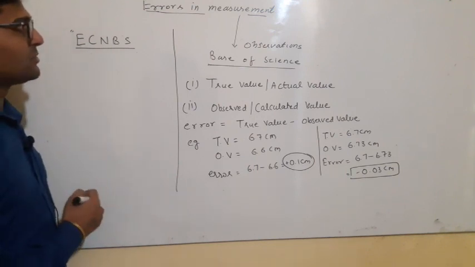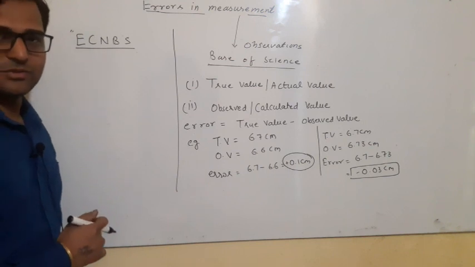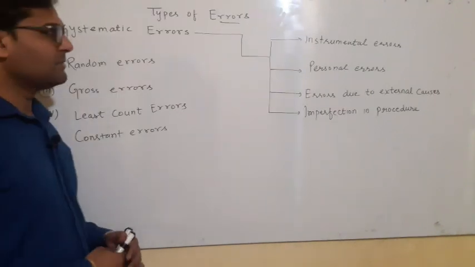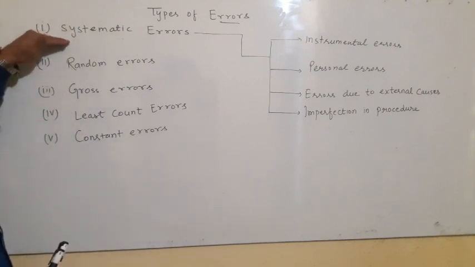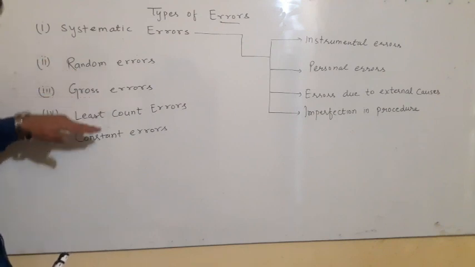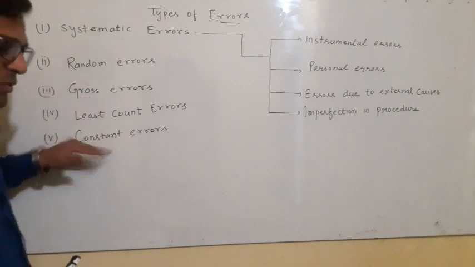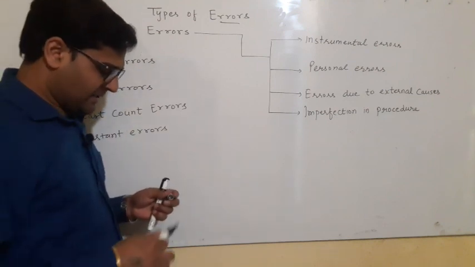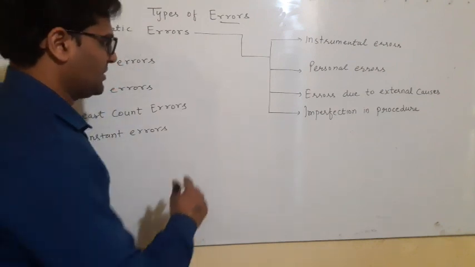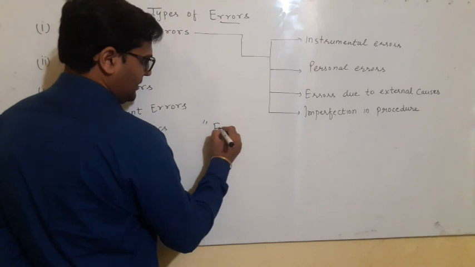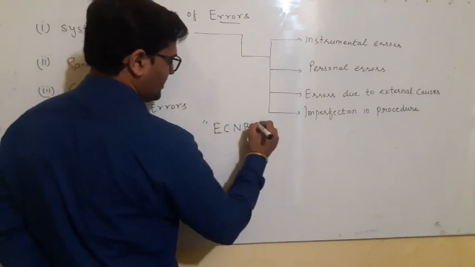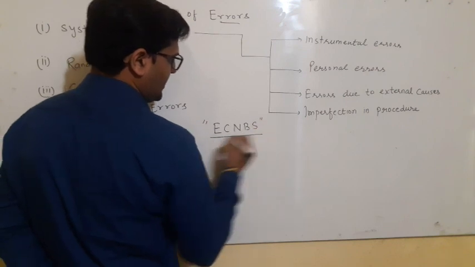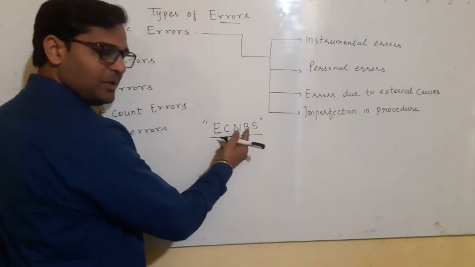Now we will discuss the types of errors in measurement. So students, these are some types of errors. We will explain these one by one: systematic error, random errors, gross errors, least count errors, and constant errors. And for error, there is one term: error can never be subtracted.